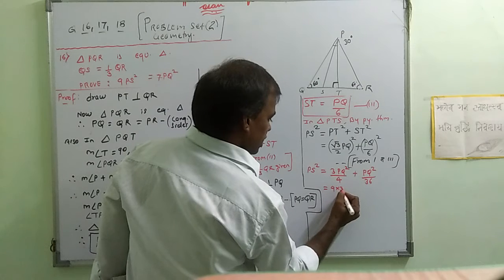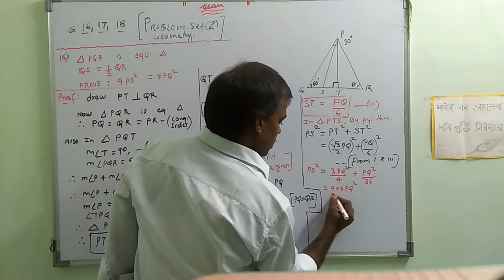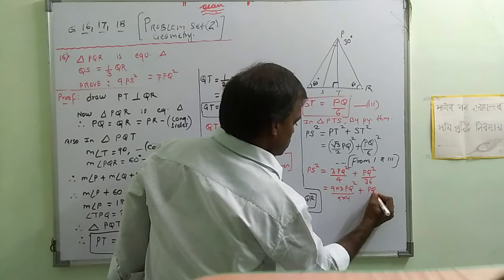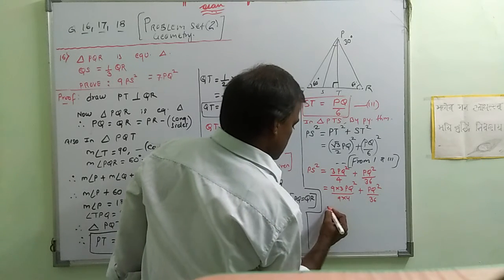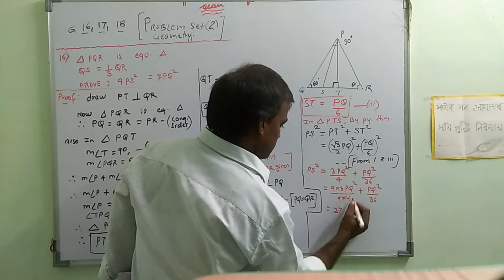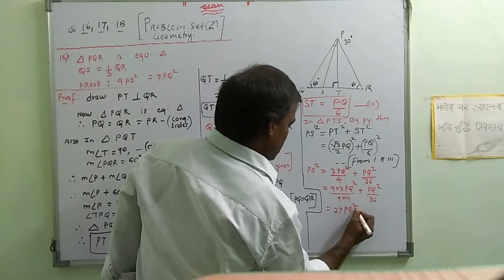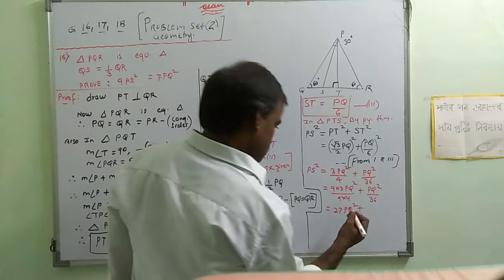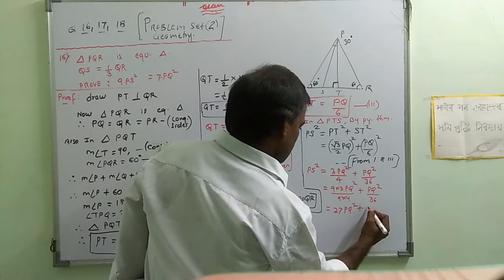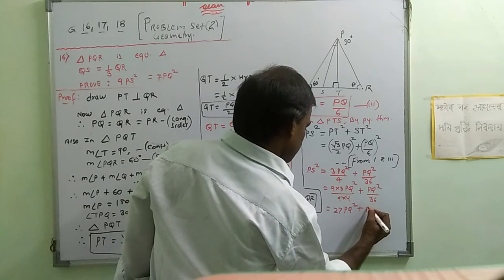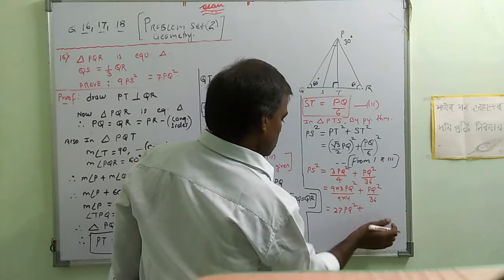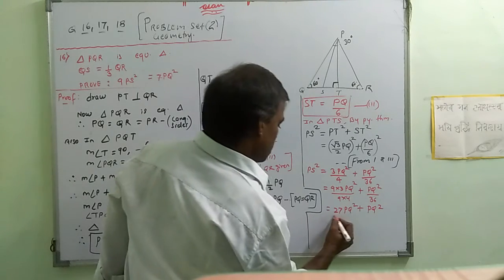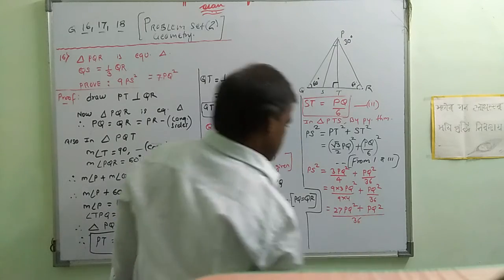So 9 into 3 PQ square upon 9 into 4, plus PQ square upon 36, equals 27 PQ square plus PQ square upon 36.